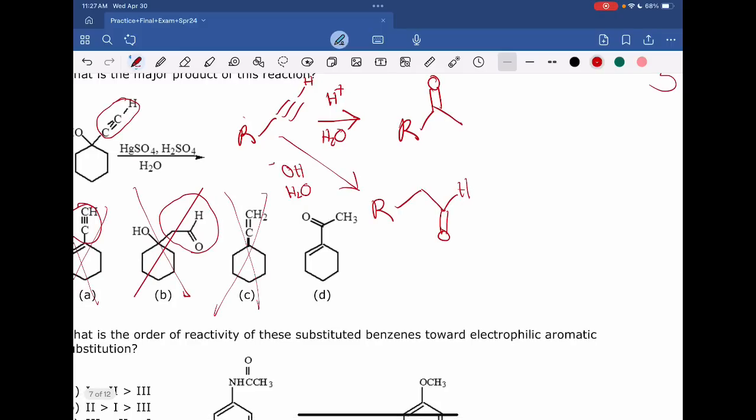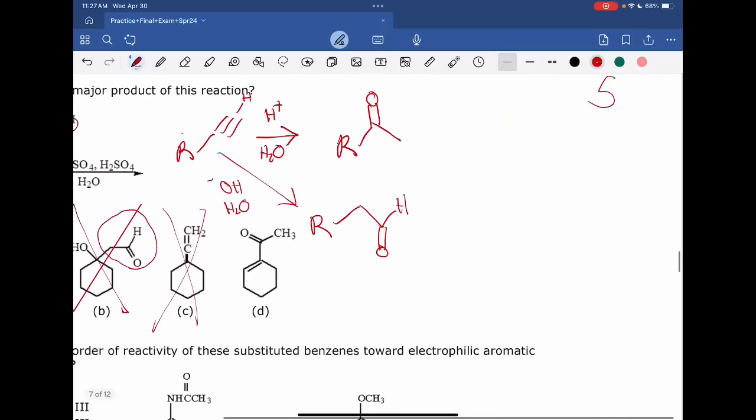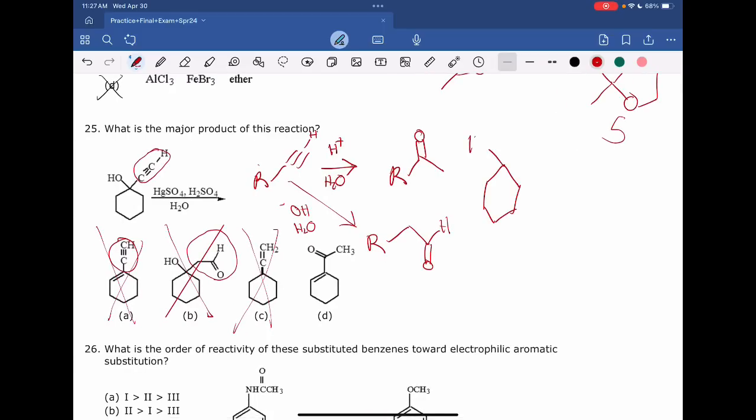Now D. Okay, D makes sense because what happened here is that I'll redraw the thing. So you had your ring, you have OH in here, and then we know that you formed this ketone, but now you are still in acid and water. So this OH is going to grab a proton.